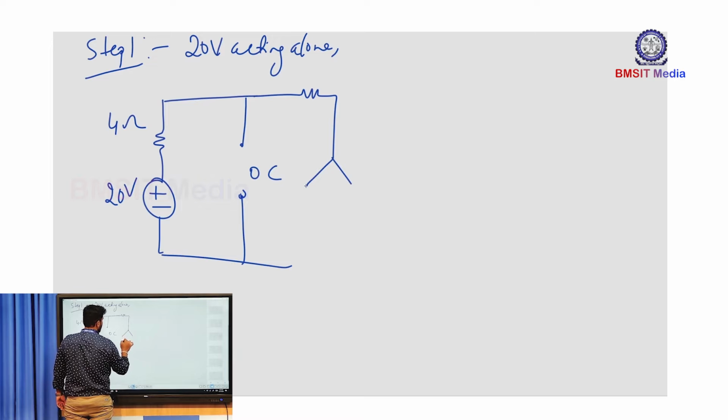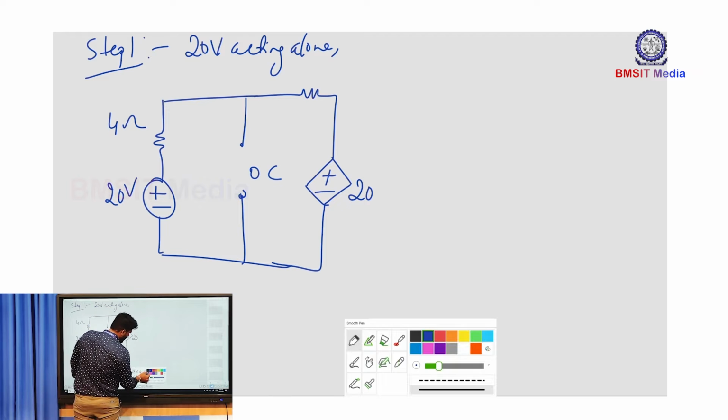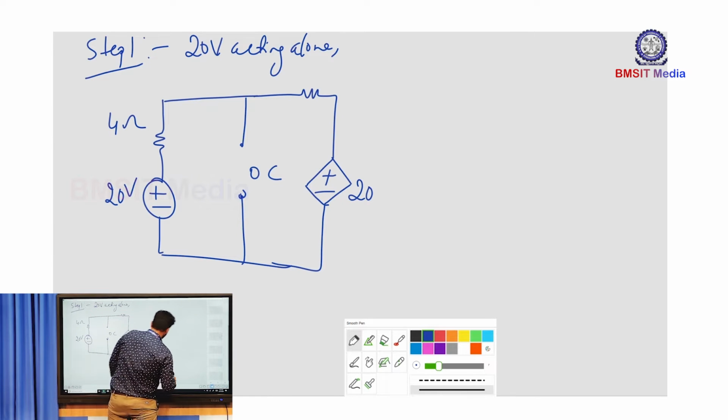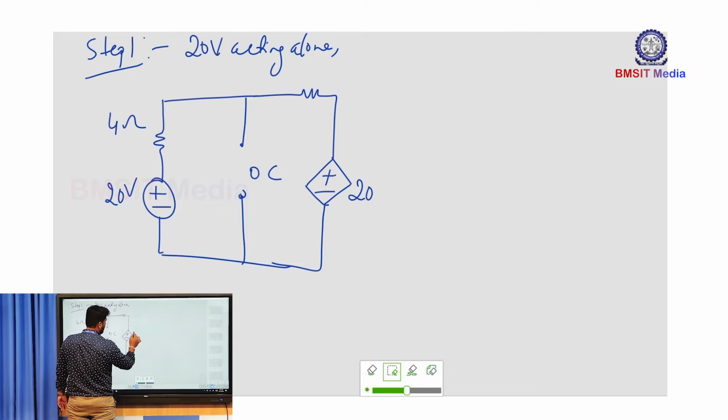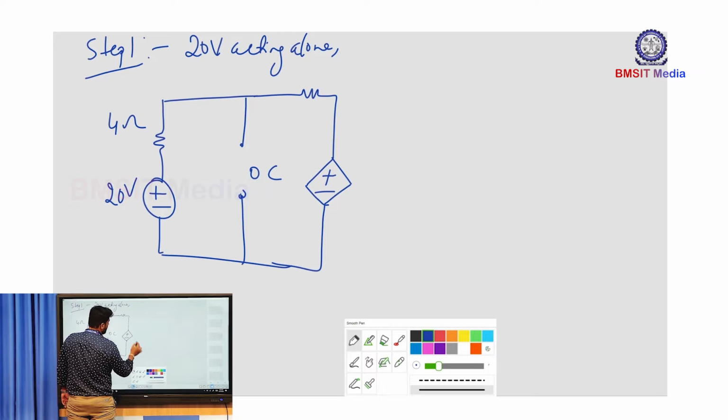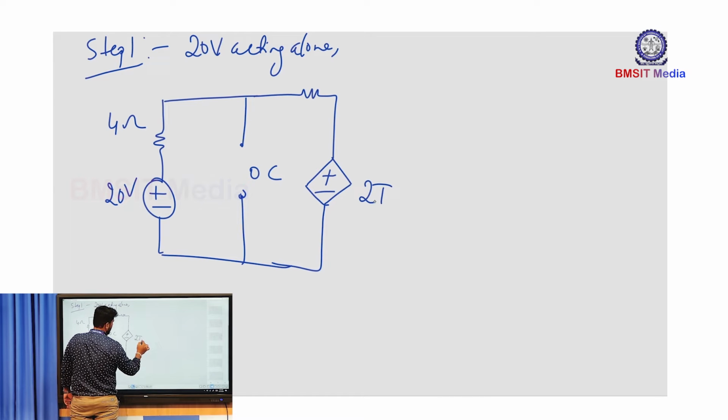So you write it as it is, the dependent source. It is a dependent voltage source whose value is 2Ix, so you can write it is 2 times Ix.